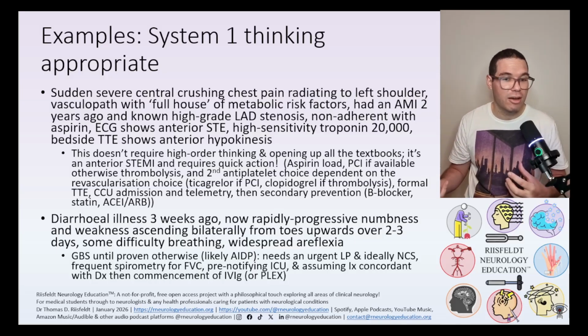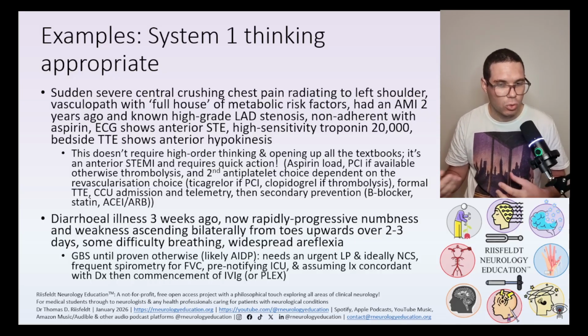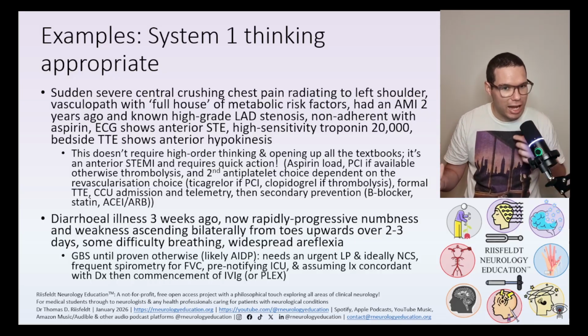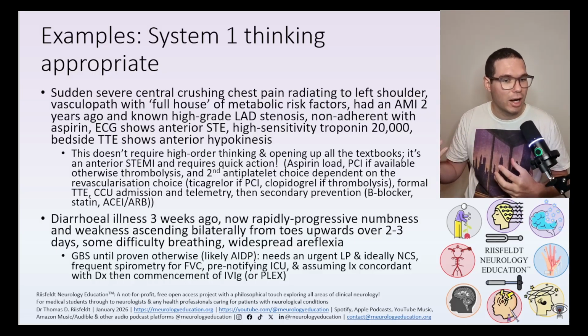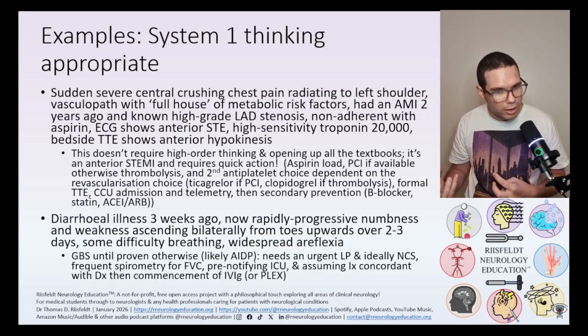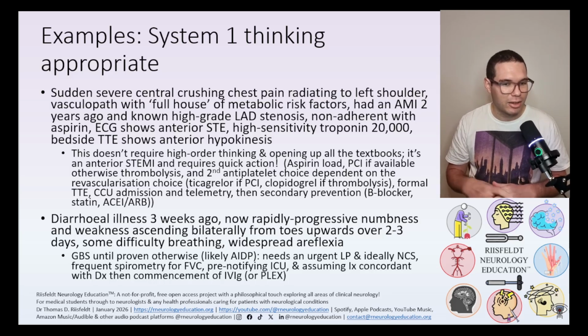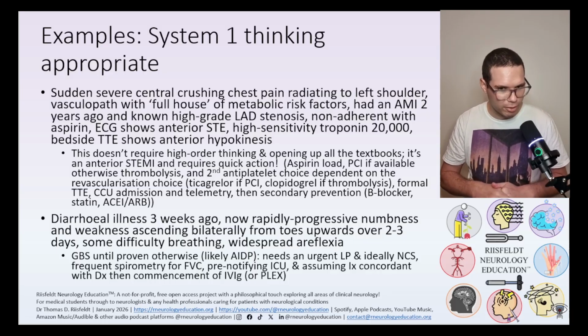And on examination, they have widespread hyporeflexia or areflexia. So again, you don't need to scratch your head and sit down and open up the textbooks for this one. This is GBS, Guillain-Barré syndrome, until proven otherwise. And this clinical vignette is strongly suggestive of the AIDP subtype, the acute inflammatory demyelinating polyradiculoneuropathy subtype.